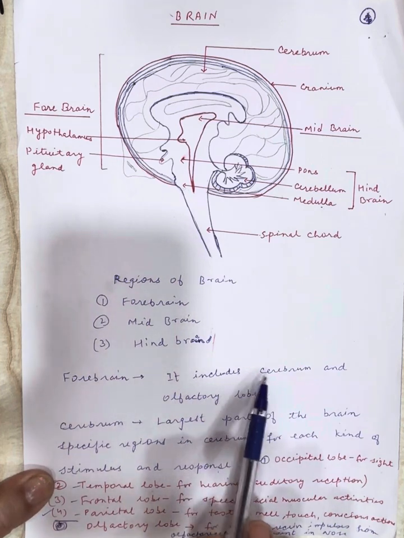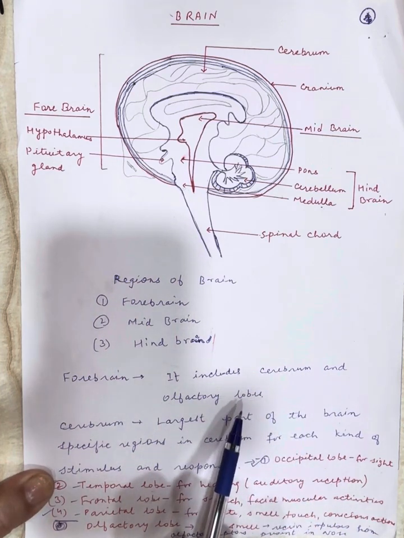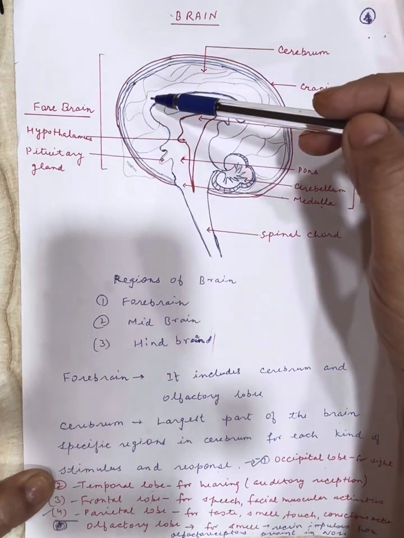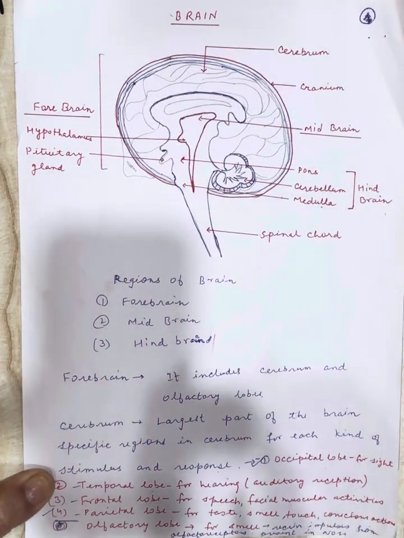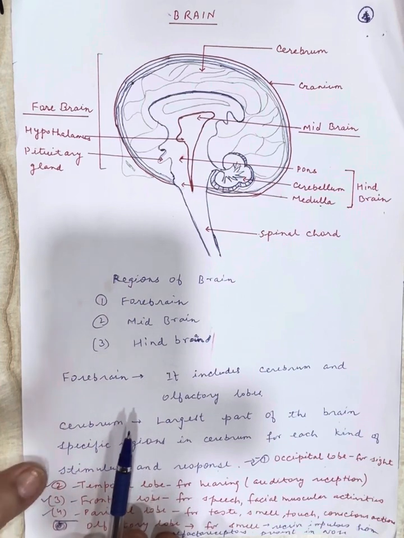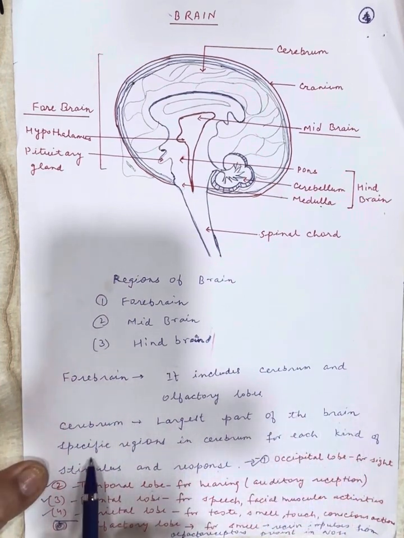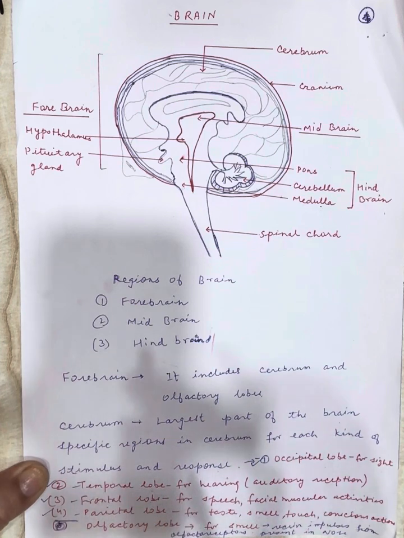it includes mainly cerebrum and olfactory lobes. And this cerebrum is not just a single part, it is divided into several regions, and it is the largest part of the brain. There are specific regions in the cerebrum for each kind of stimulus and response, like the stimulus coming from the eyes, from the ears or from the skin.